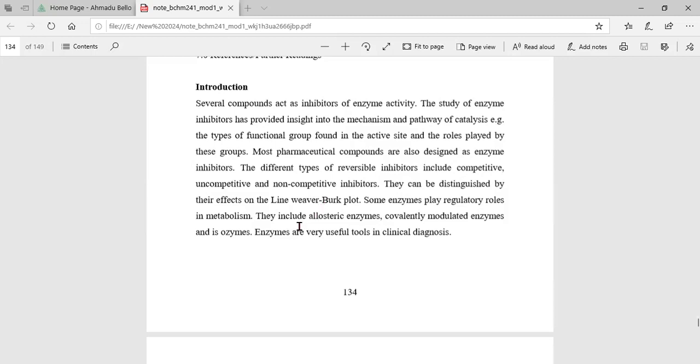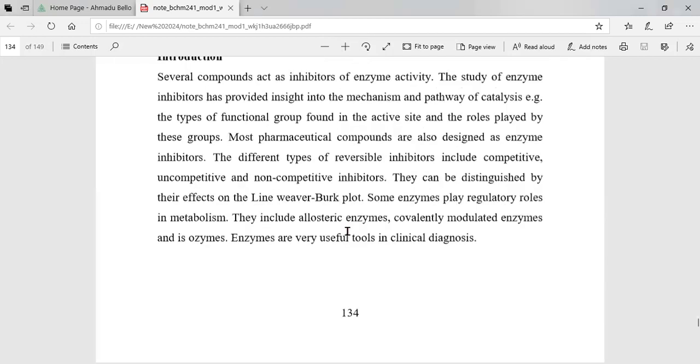And the study of enzyme inhibitors has provided insight into the mechanism and pathway of catalysis, for example, the types of functional groups found in the active site and the role these functional groups play in the enzymes, in the proteins.